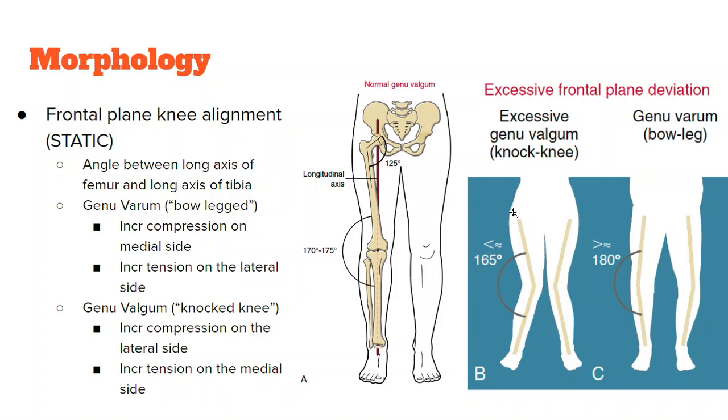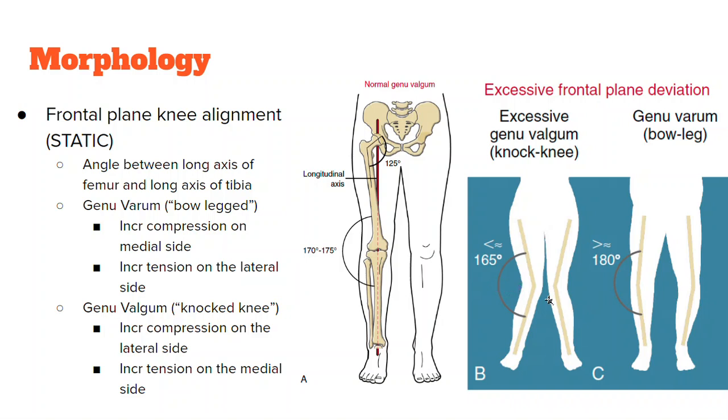So you get genu valgum or knock-kneed or valgus knee when the line of your femur and the line of your tibia looks like it is going into abduction. For valgus, you have an increased compression on the lateral side of the joint and an increased tension on the medial side.